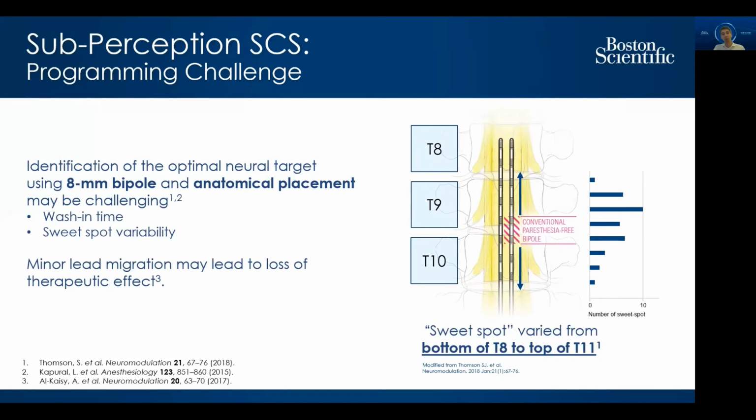And because of the washing time of sub-perception therapy, which can be up to 1 or 2 days, when you initiate the therapy, you don't know if you are at the right spot or not. So it's a kind of trial and error programming there. And in the end, the optimization of the sub-perception therapy can really take time.